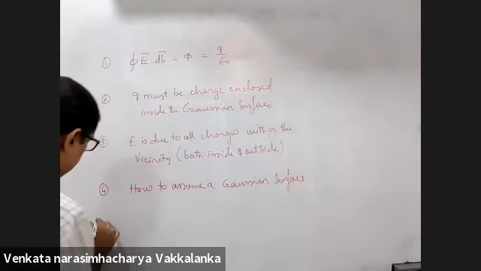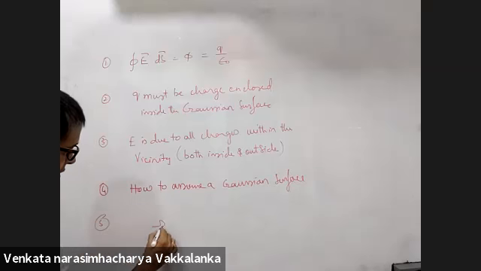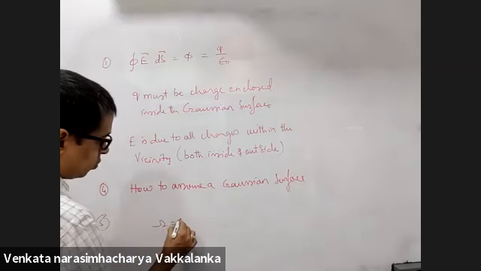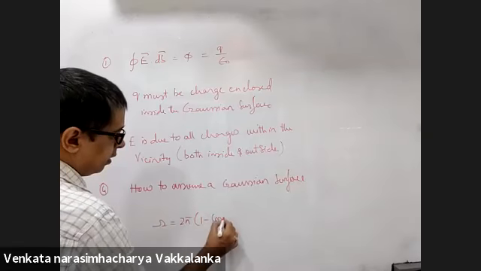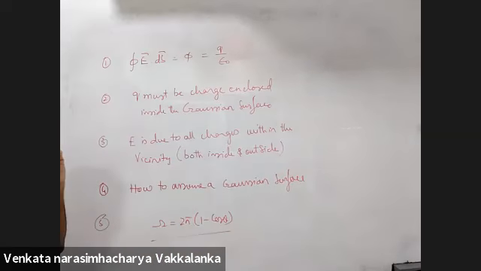Till here we have learned. Fifth point, we said the relation between solid angle and linear angle is 2 pi into 1 minus cos theta. So far, so good. Summarize these 5 points. We'll go ahead.